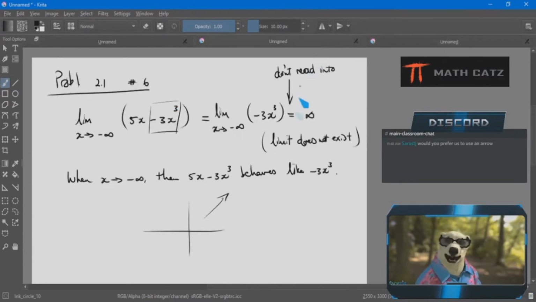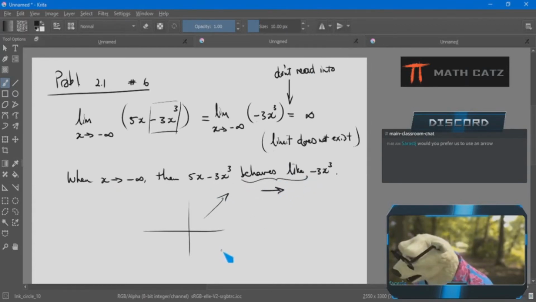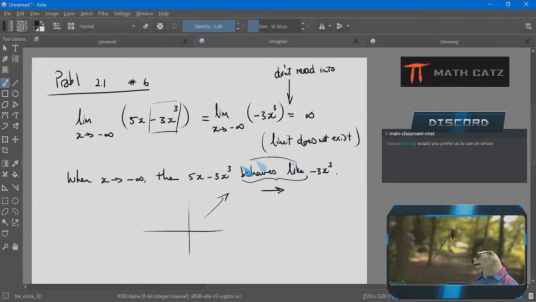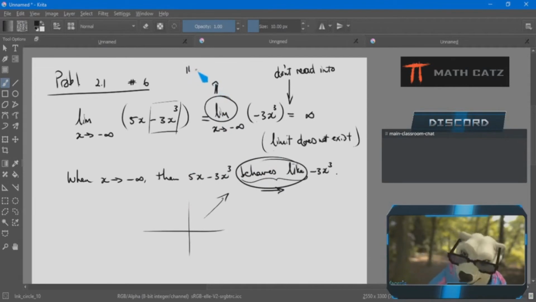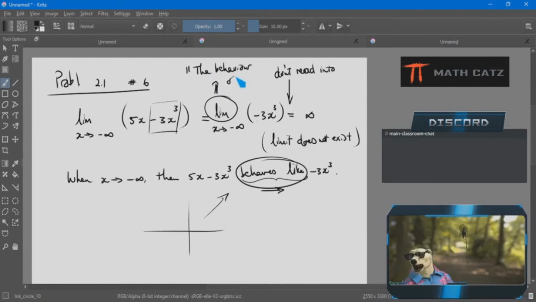So let me just make clear here, backtrack here. In our sentence version, oh, I don't have arrows there either. The behaves like will be mathematically an arrow. These words are now captured in the limit. And this limit means the behavior of whatever.